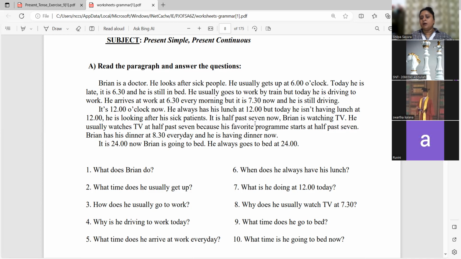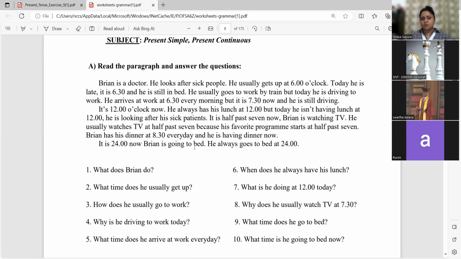It is 7:30 now. Brian is watching TV. He usually watches TV at 7:30 because his favorite program starts at 7:30. It is 24:12, midnight. Now, Brian is going to bed. He always goes to bed at 24 hours, right?